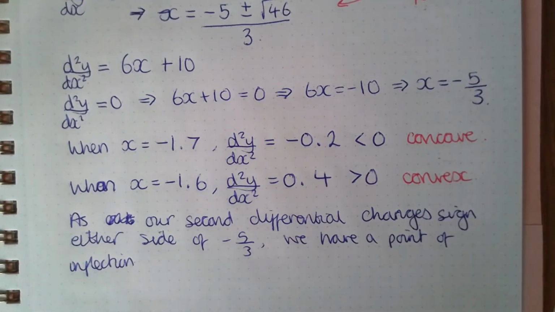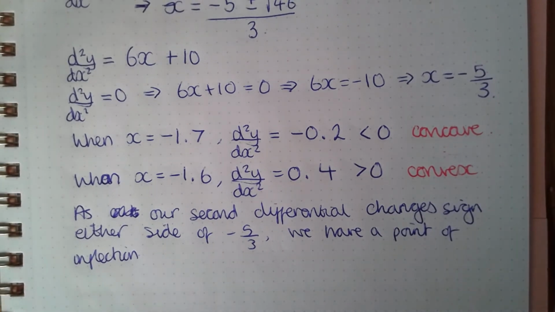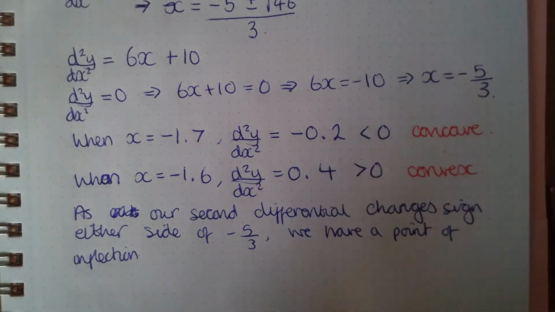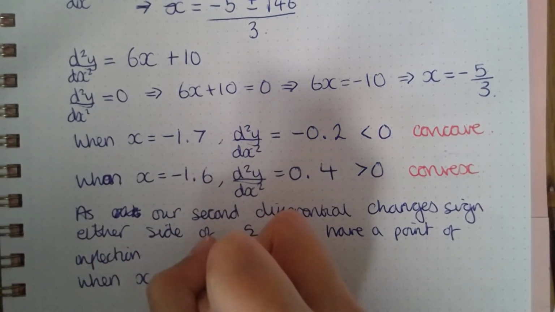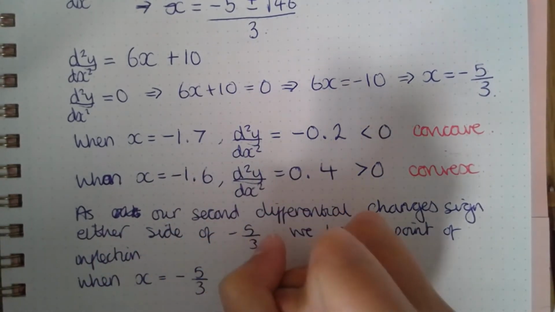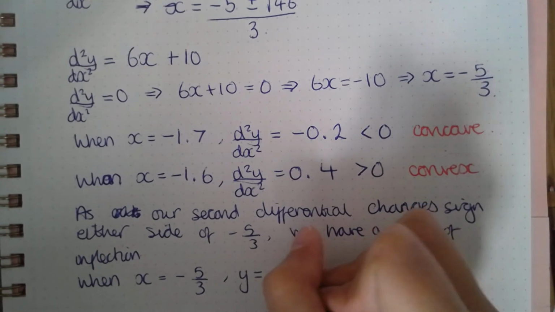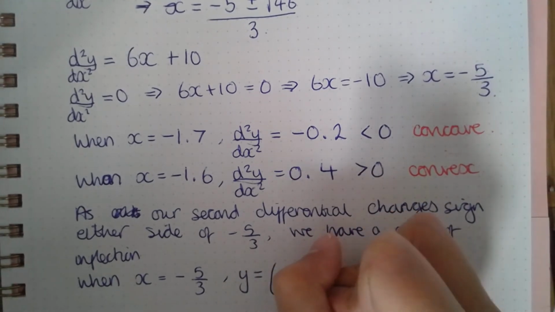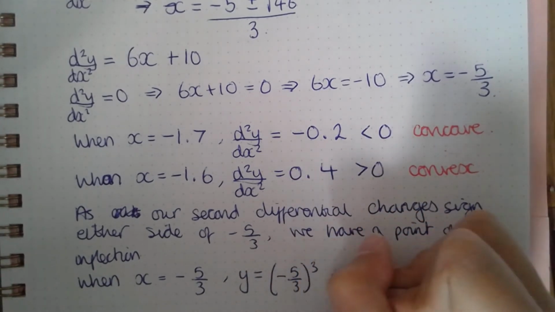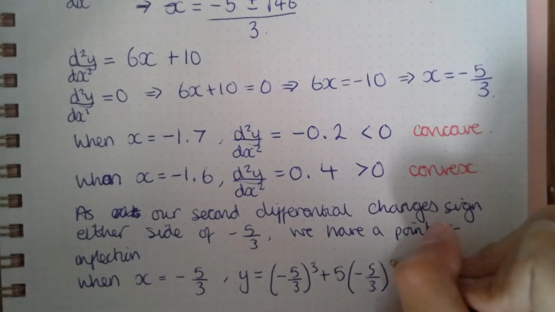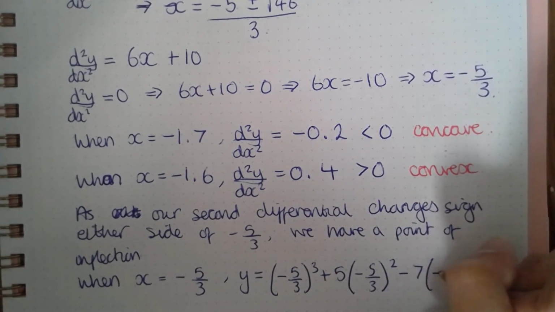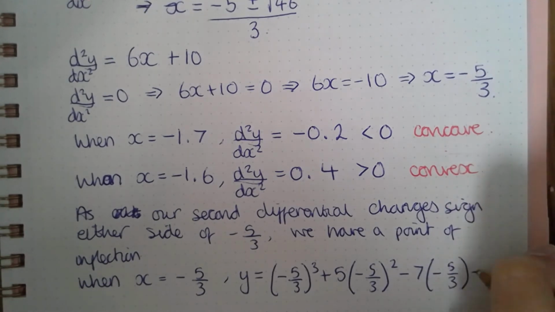Okay, but we haven't finished the question. The question actually said you need to find the coordinates. So when x equals negative 5/3, y equals, then we've got to sub it back in, so negative 5/3 all cubed, add 5 lots of negative 5/3 squared, take away 7 lots of negative 5/3, take away 2.